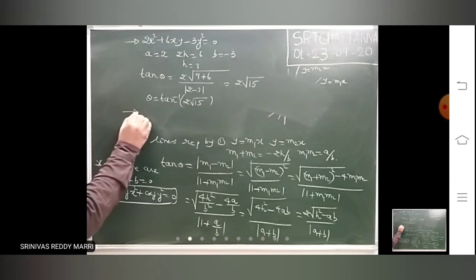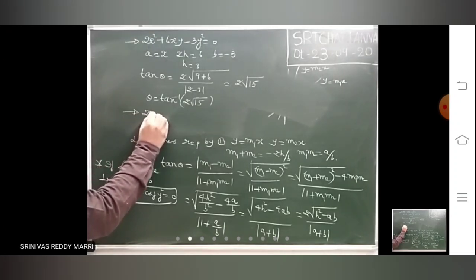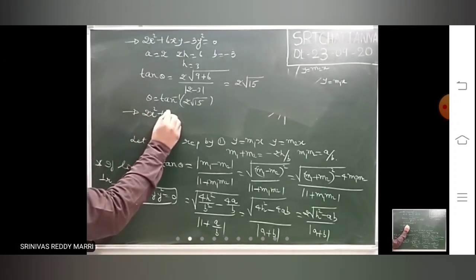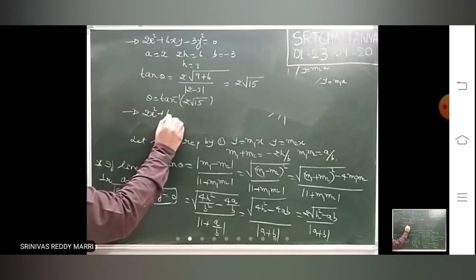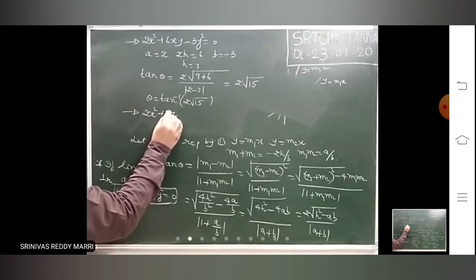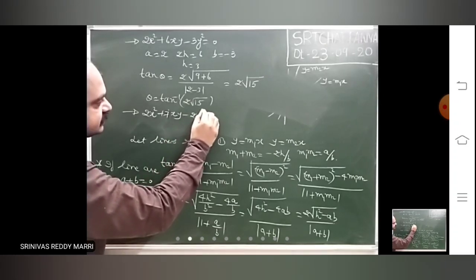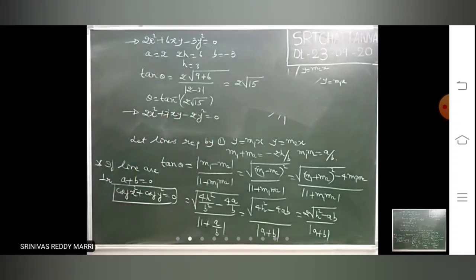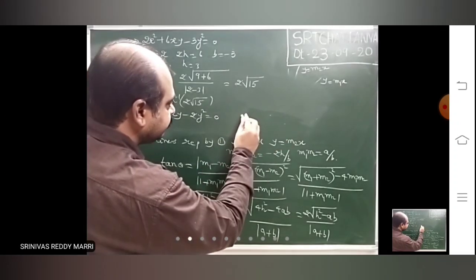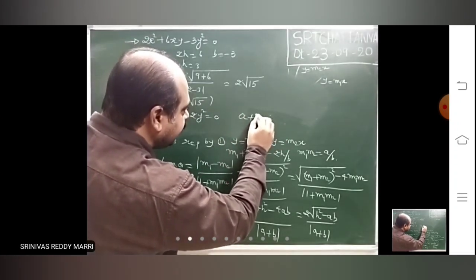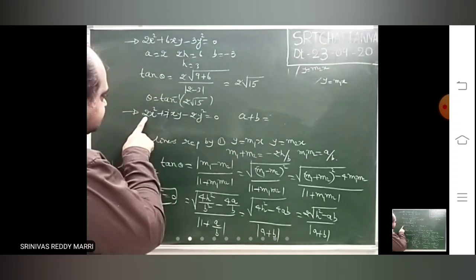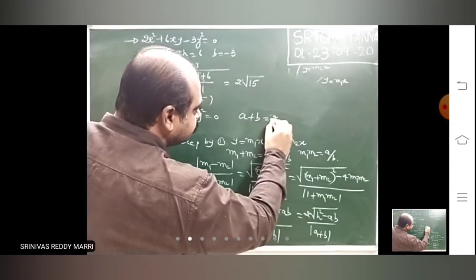Suppose the lines are like this: 2x square plus 7xy minus 2y square equal to 0. You can observe a plus b directly. A plus b is 2 plus minus 2, which is 0.